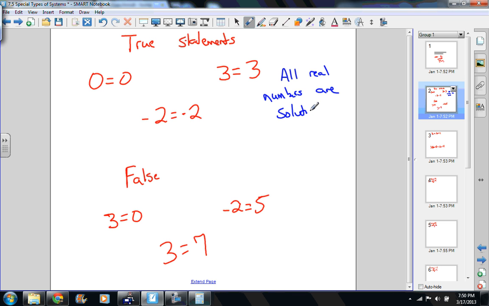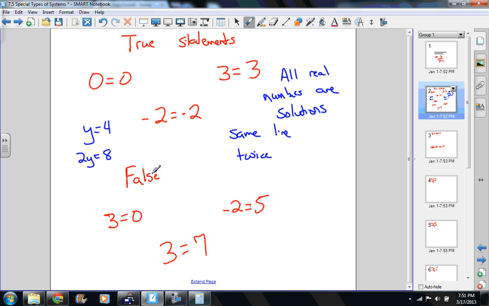Or if we're graphing, that means it's the same line twice. So something like y equals 4 is the same line as 2y equals 8, because it's just doubling both sides. So it's the same line written twice.